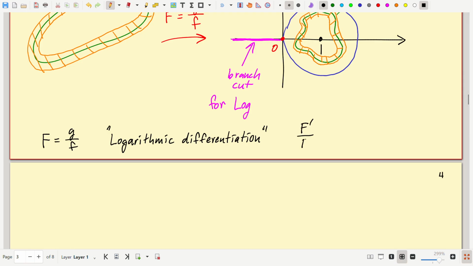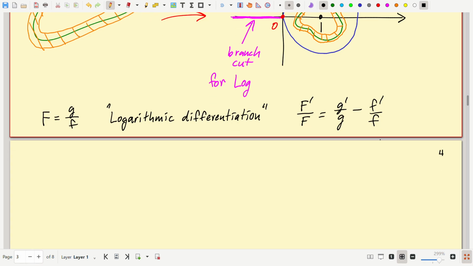F prime over F is G prime over G minus f prime over f. You can just calculate that derivative and use the quotient rule and say, yeah, sure enough, that's true. So that's easy to verify. It's just got that fancy word attached to it. You just write out the quotient rule and do it.